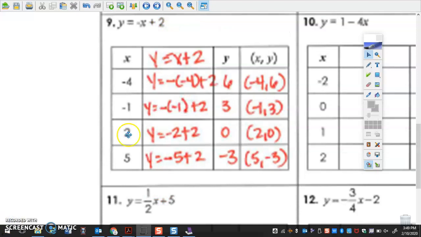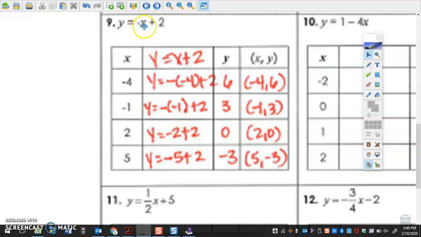Guys, this was a real tricky one because there's a negative sign in front of the x. So remember when you're substituting, if there's a negative sign and you put in a negative number like this -4, that negative and a negative actually make that a +4. So really we're doing 4 plus 2, which is 6. So our first ordered pair is -4, 6. Then we got a -1.